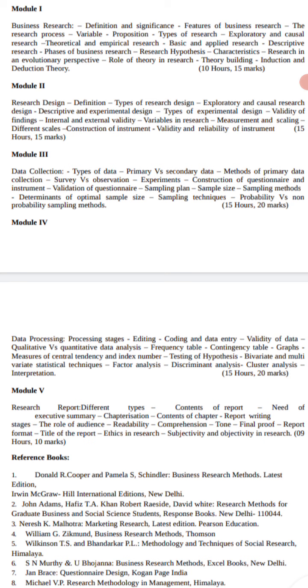And the third module is about data collection. In that, we have types of data, primary versus secondary data, methods of primary data collection, survey versus observation, experiments, construction of questionnaire and instrument, validation of questionnaire, sampling plan, sample size, sampling methods, determinants of optimal sample size, sampling techniques, probability versus non-probability sampling methods.